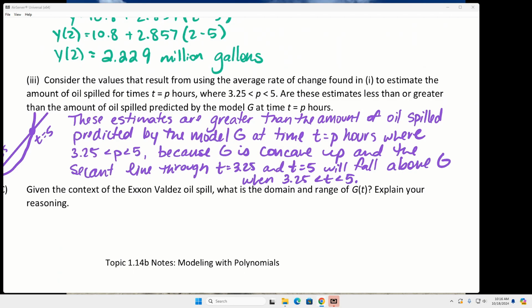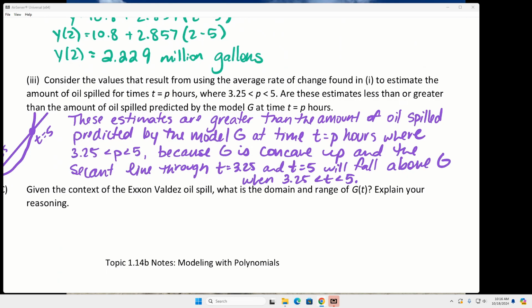Or you could say t is between 3.25 and 5. There's lots of ways you can word that. I know it feels kind of repetitive, but we want to get everything in there.